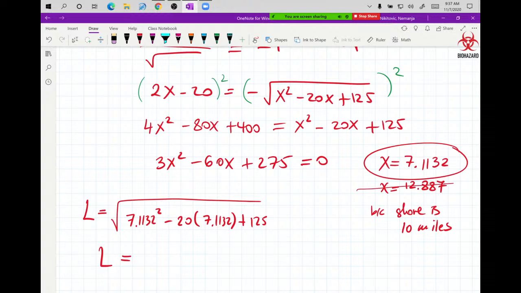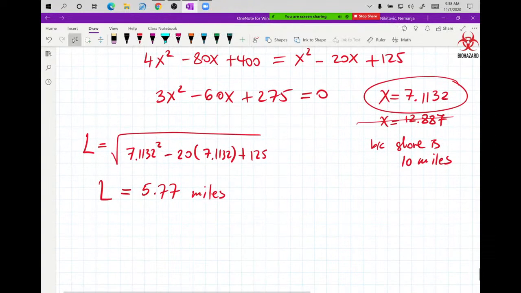L equals, I'm allergic to these calculations, 7.1132 squared minus 20 times 7.1132 plus 125 is 5.77 miles.